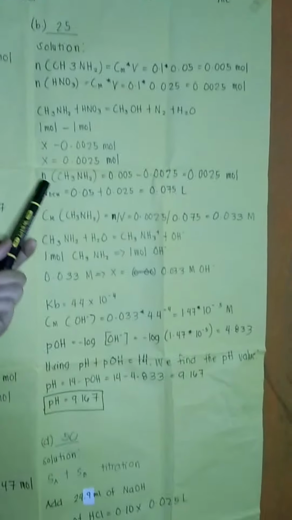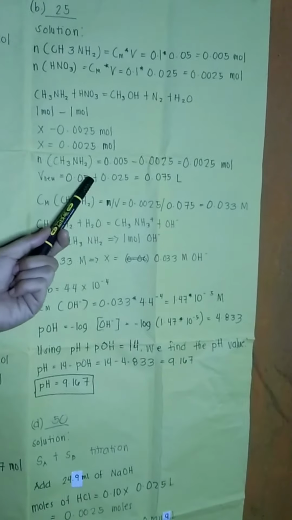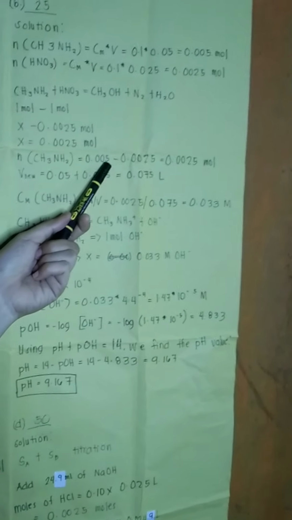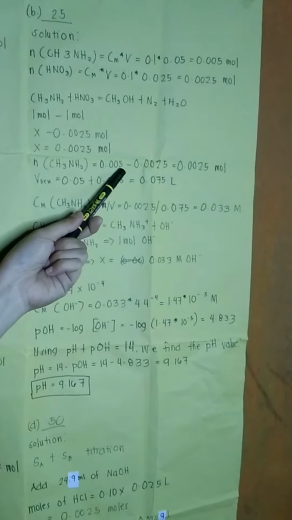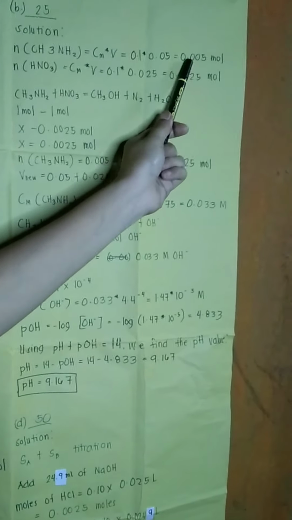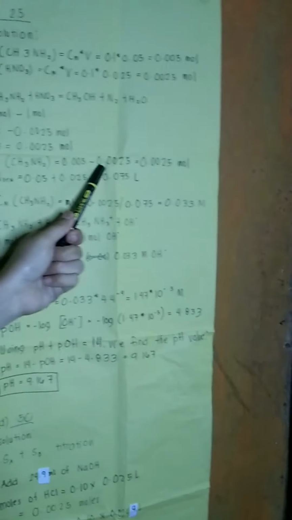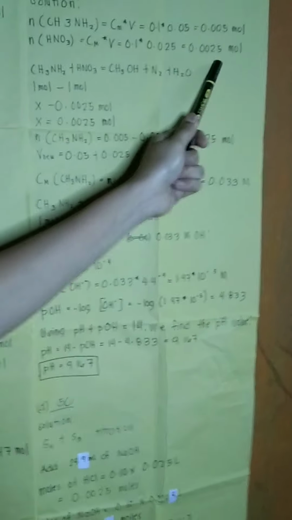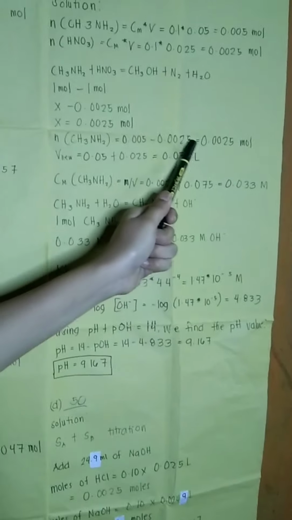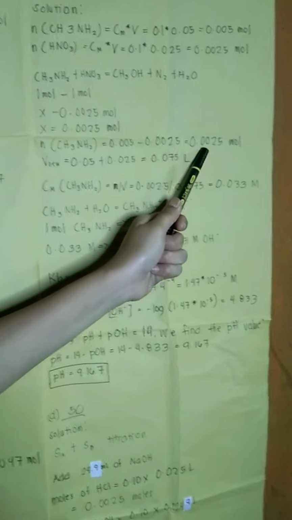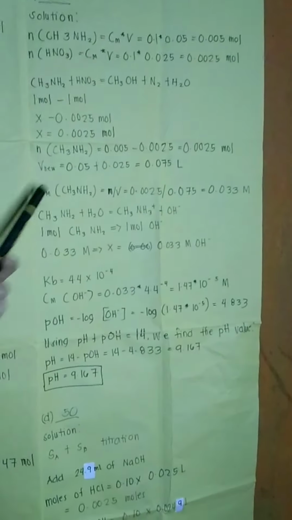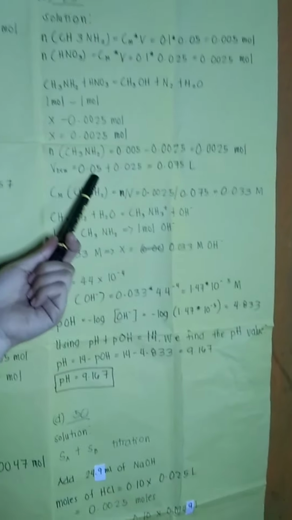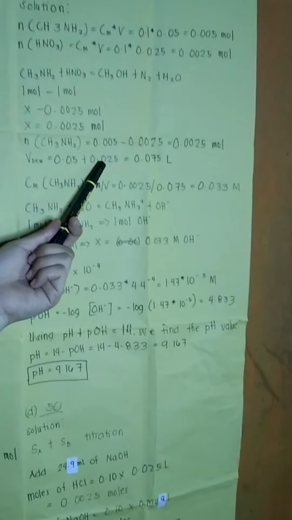N of CH3NH2 equals 0.005 minus 0.0025 equals 0.0025 mole. V total equals 0.05 plus 0.025.